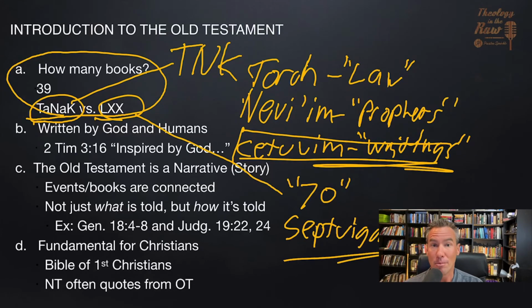Now, our English Bibles are arranged according to the Septuagint, the order that I said earlier, where it's like Genesis through Deuteronomy, and then it goes Joshua, Judges, Ruth, First and Second Samuel, First and Second Kings, and it goes into the Chronicles. So that's that arrangement. The English arrangement follows the Septuagint, but the English translations of the Old Testament, almost all of them, are based on the Hebrew Old Testament.